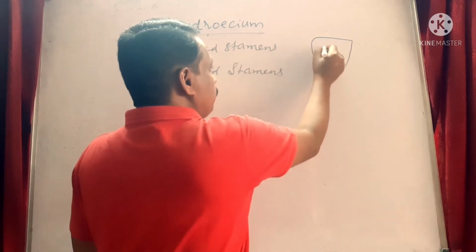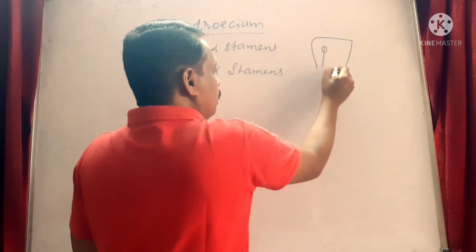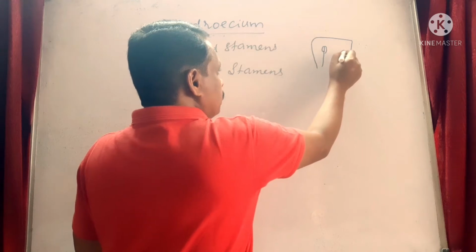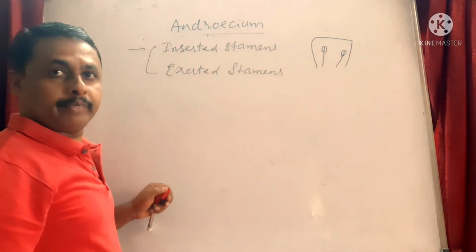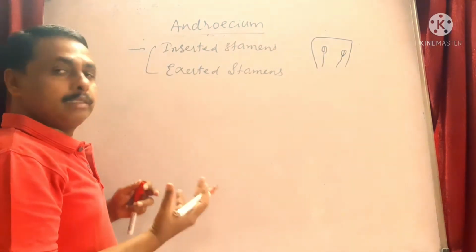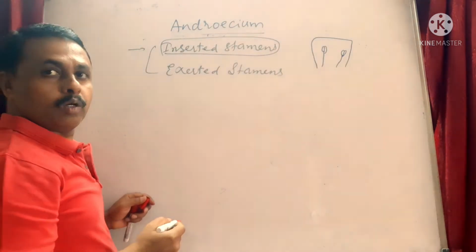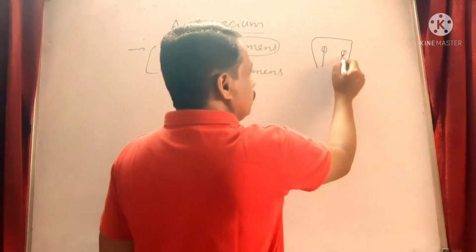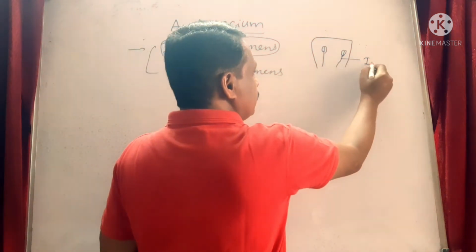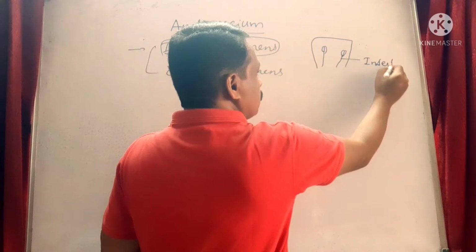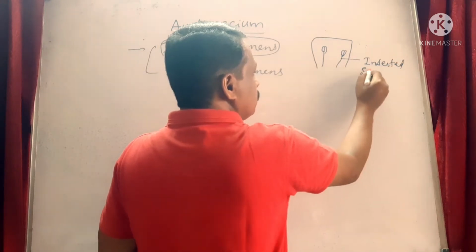The stamens are within the corolla. The length of the stamens will be within the corolla. Such stamens are called inserted stamens.